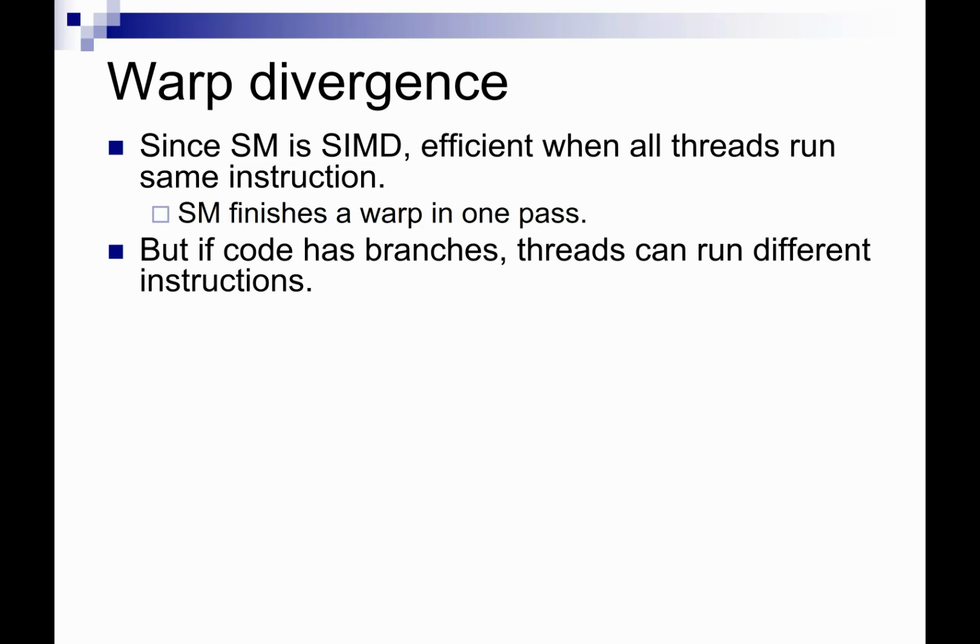However, if the code has branches, then the threads might run different instructions. For example, some threads might be doing an add, and some might be doing a subtract. In this example, we have 3 branches. The threads whose index is divisible by 3 are going to be doing an add, the ones which are 1 modulo 3 are going to be subtracting, and the other threads are going to be multiplying.